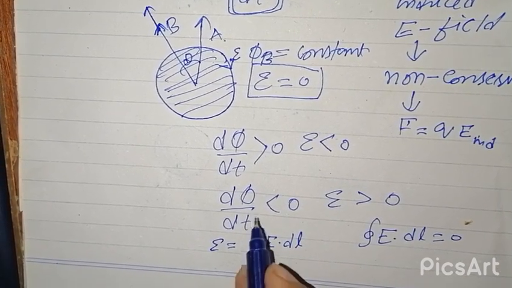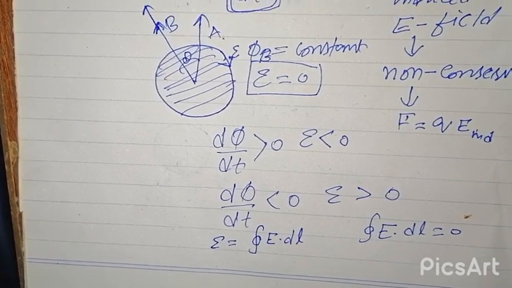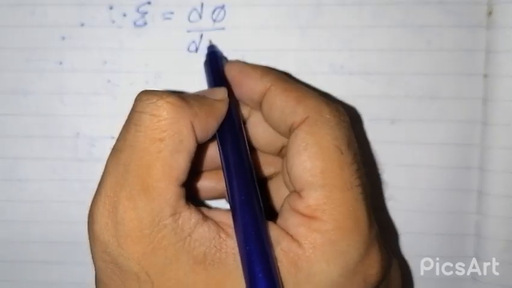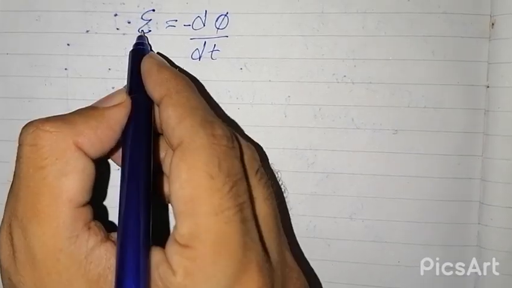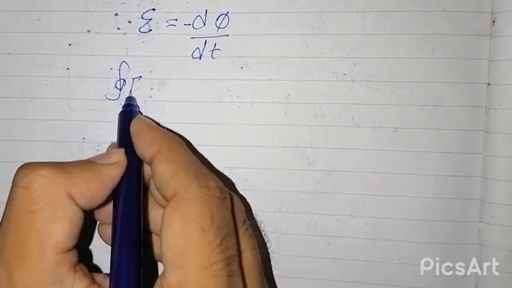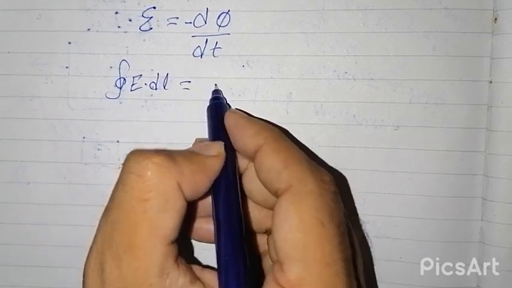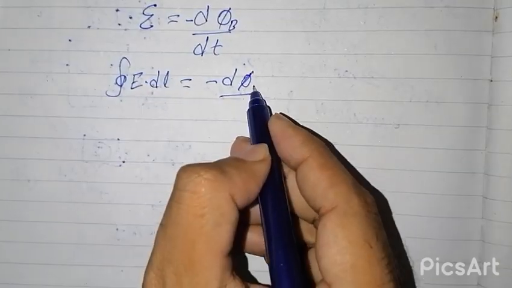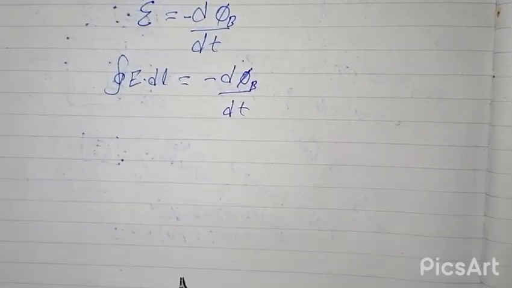So that EMF we can write, because we know that EMF is equal to minus d phi by dt. So we can write here E dot dl equal to minus d phi B by dt.